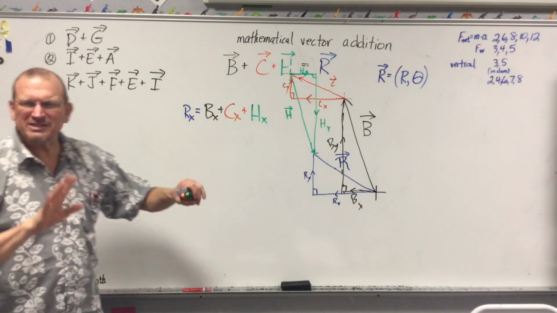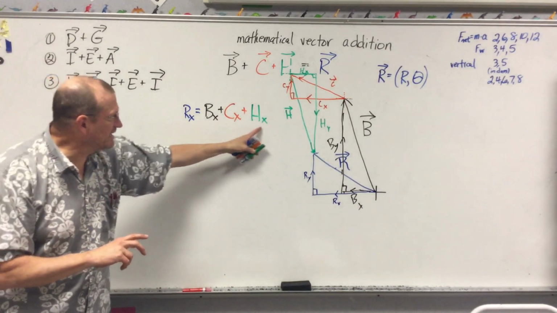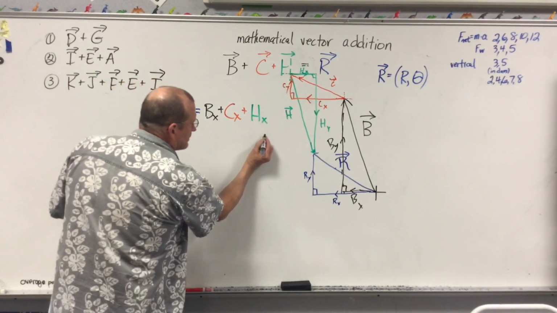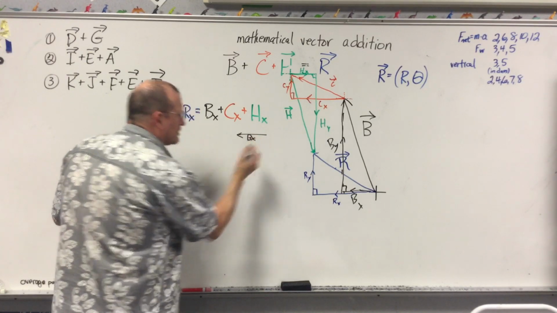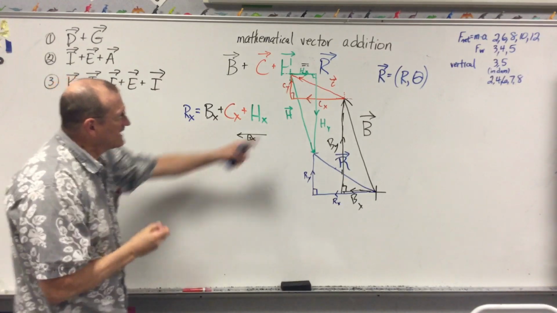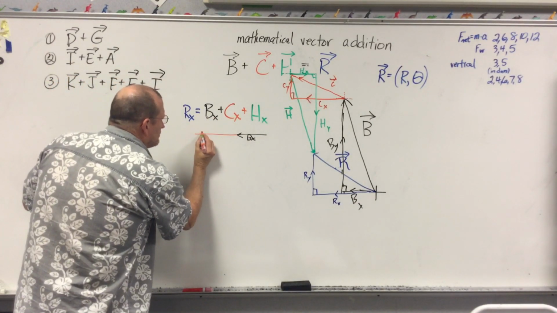Now, just so that you can see this graphically, if I were to do this thing graphically, Bx would be a line that would point to the left, and then if I was going to add Cx to it, I would do it tip to tail.